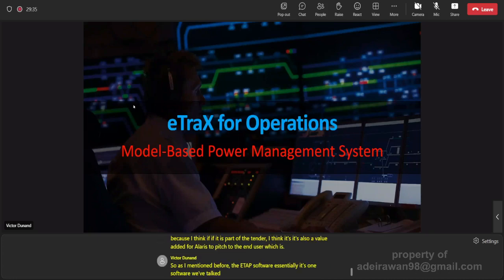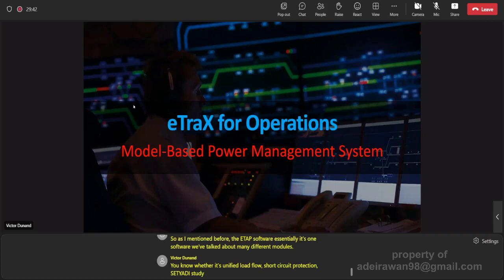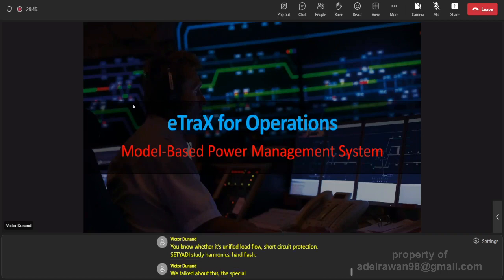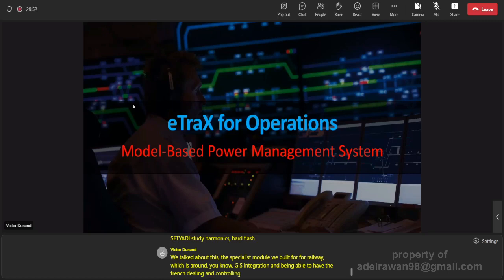We've talked about many different modules, whether it's unified load flow, short circuit, protection sensitivity study, harmonics, arc flash. We talked about this specialist module we built for railway, which is around GIS integration and being able to have the train scheduling and controlling, sorry, control signals, etc. But all that sits within.